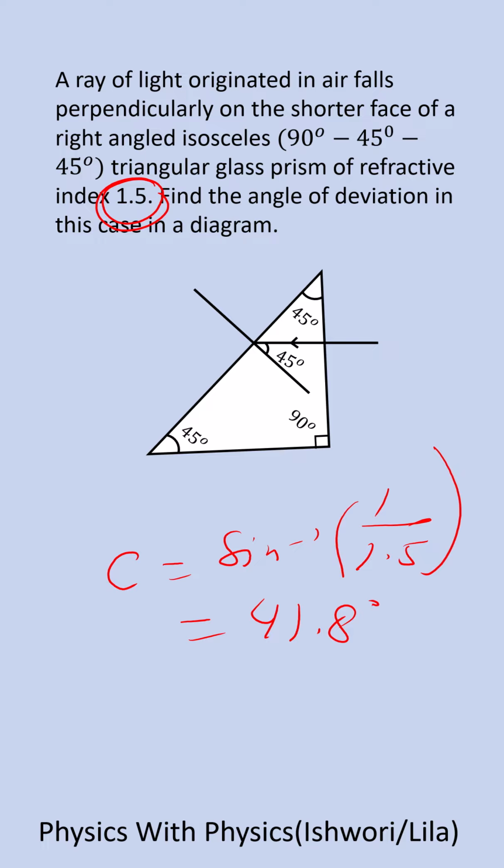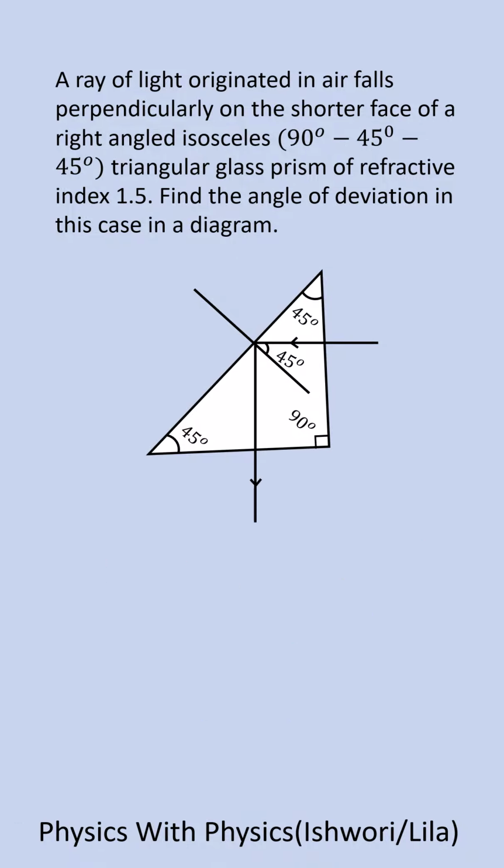C is 41.8 degree, but I is 45 degree. What we see is I is greater than the critical angle. That's why this suffers total internal reflection from this face. Now this angle is also 45 degree. That's why the deviation produced is 90 degree in this case.